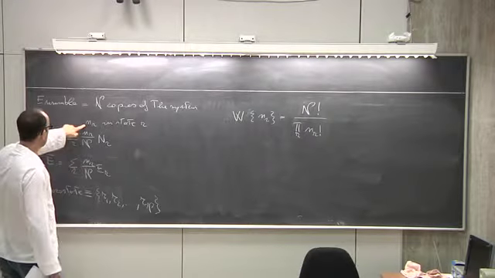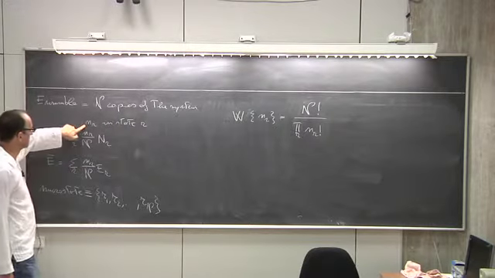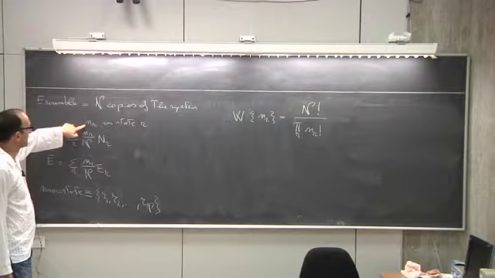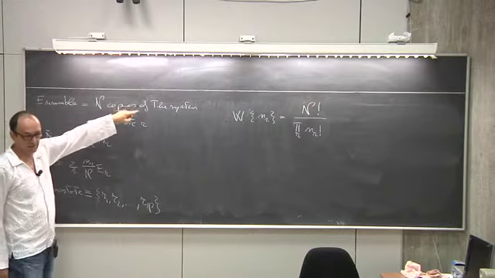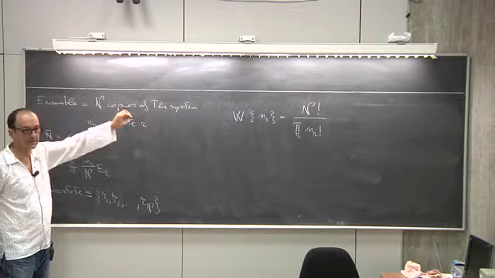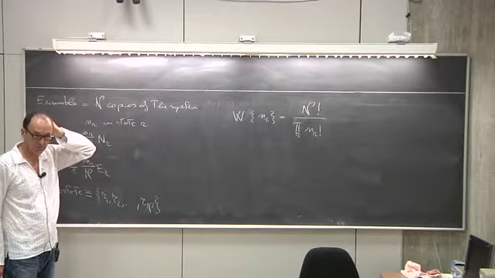So NR is the number of systems, of copies of the system, which are in state R in the ensemble.